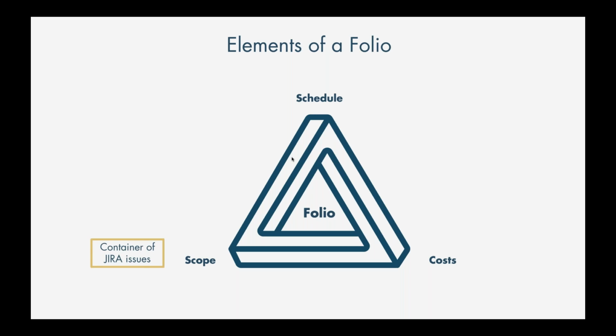Like I said, schedule is start and end date, and the costs are determined by the effort on the Jira issues that are within the scope of my folio. This is the basic that you need to know, and if you understand that concept, you can easily go on by building your customized folio that fits your business case.